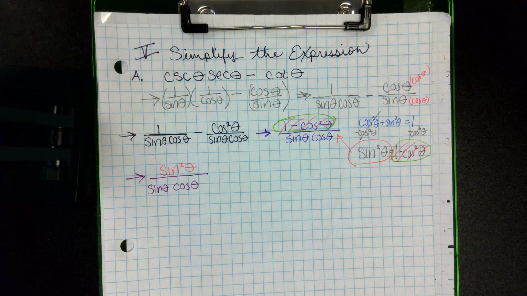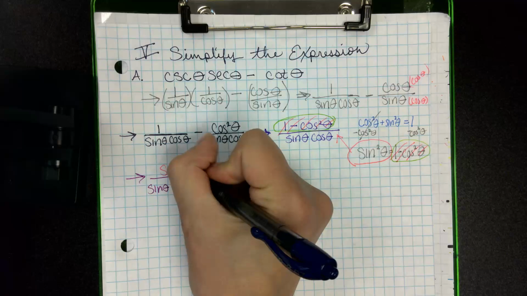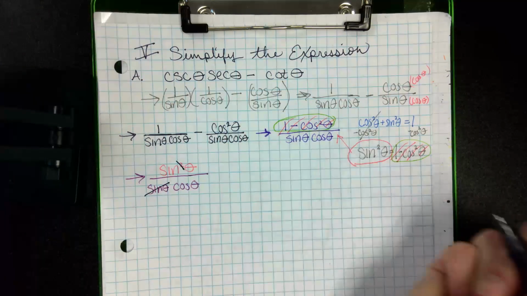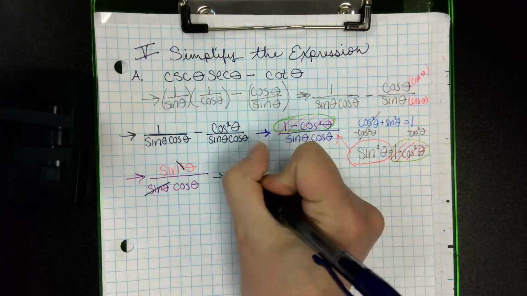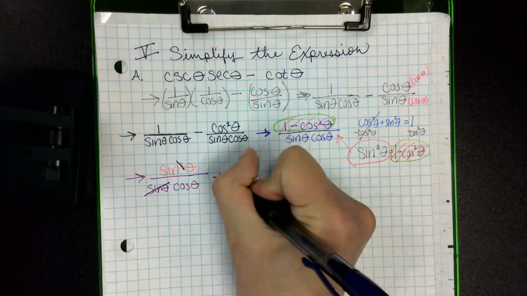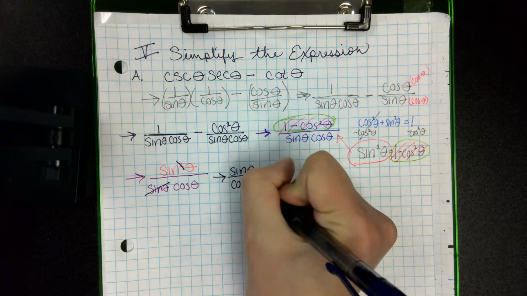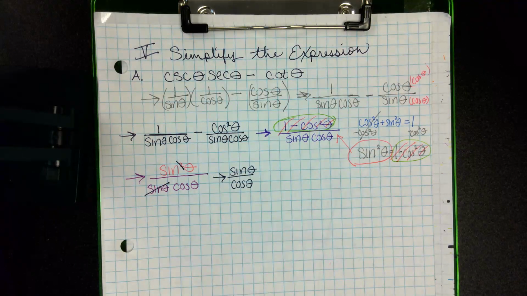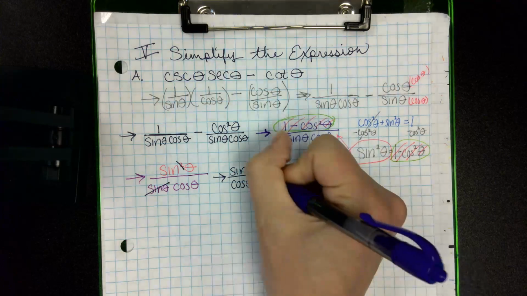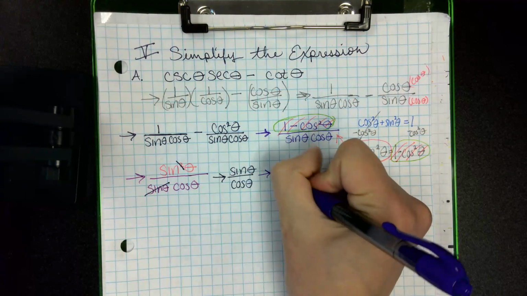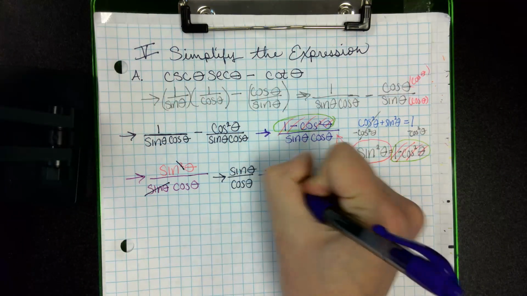And now I have sine squared on top and I have a single sine on bottom. Well, that's nice because I can cancel one of these with that one. So now I have sine theta over cosine theta. And what is sine theta over cosine theta? Tangent theta. Done.